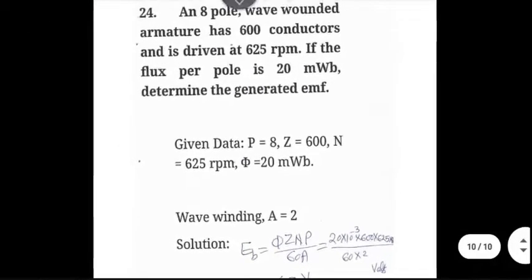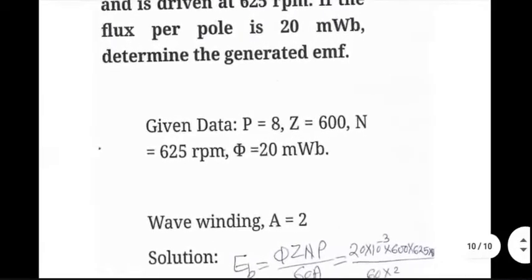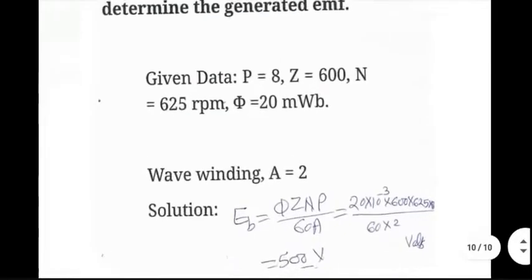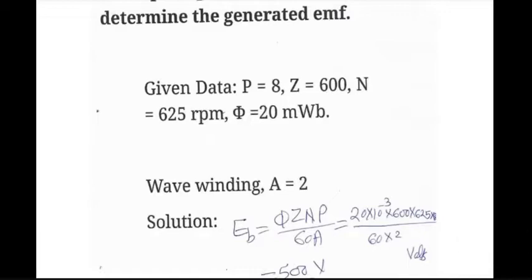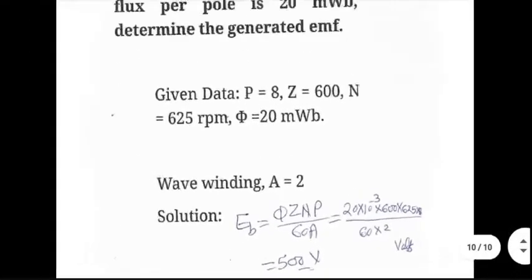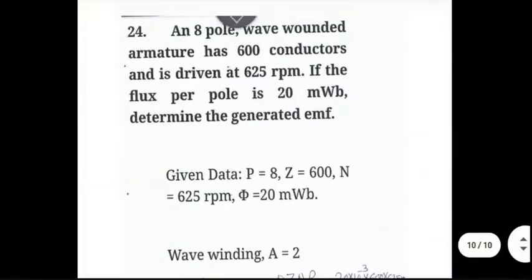Okay, fine. No, sorry. I think I'm okay. The number of conductors is 600. I'm okay. It is the value of n, which is 625. Okay, so that's fine. And P and A are also given. P is 8, A is 2. It's a wave wound machine.